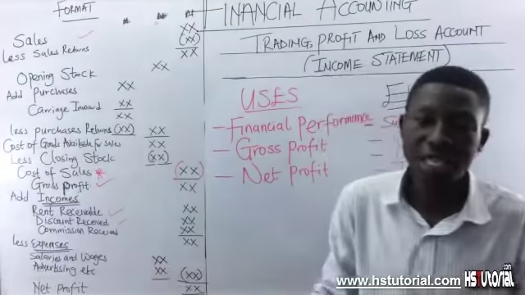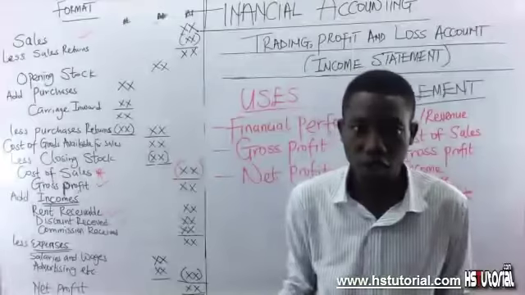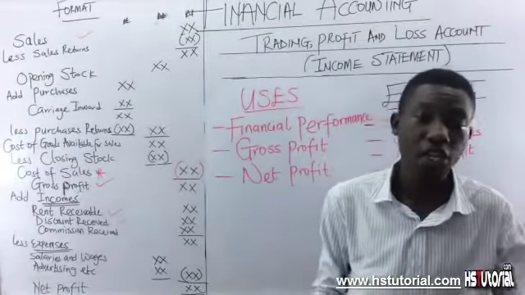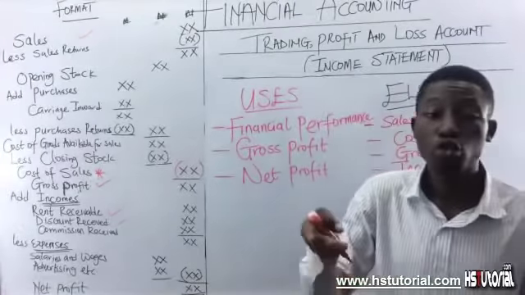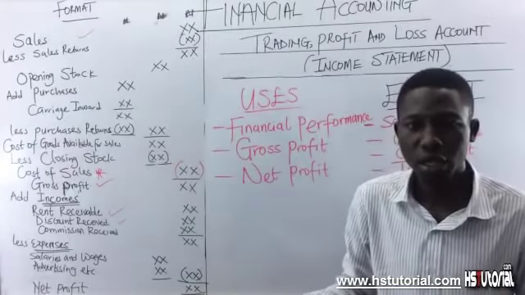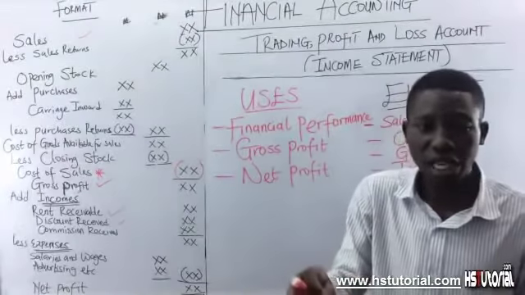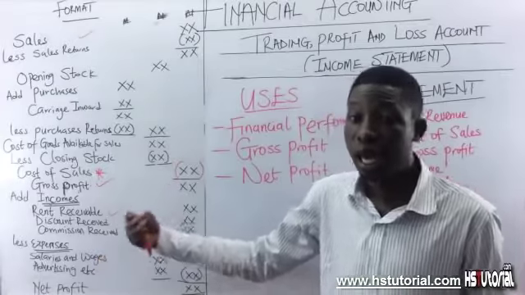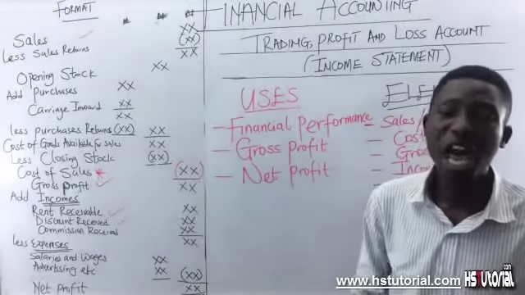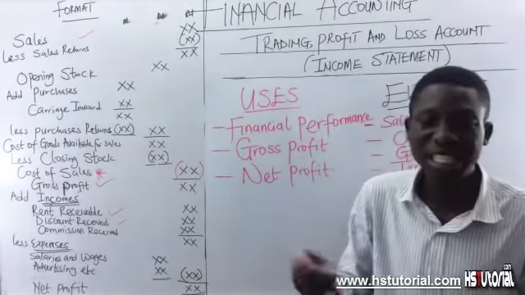For example, let's say we have salaries and wages, and in the additional information they told us that we'll be having accrued salaries and wages. Let's say 500 naira is already the salaries and wages, and we now have accrued expenses of 60 naira.